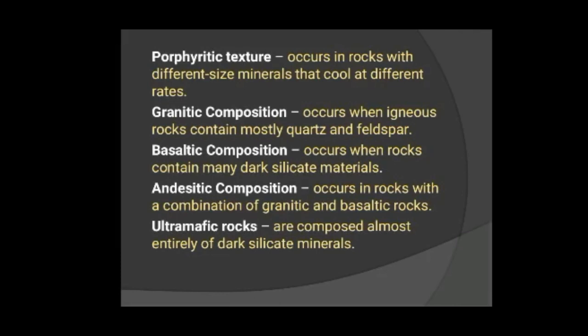Granitic composition occurs when igneous rocks contain mostly quartz and feldspar. Basaltic composition occurs when rocks contain many dark silicate minerals. Andesitic composition occurs in rocks with a combination of granitic and basaltic rocks. Ultramafic rocks are composed almost entirely of dark silicate minerals.